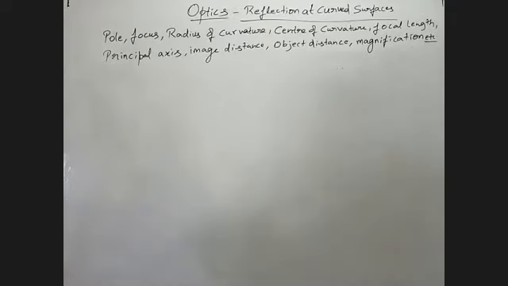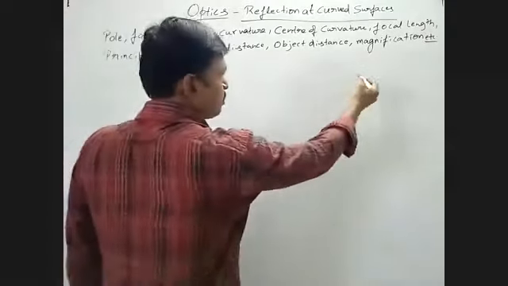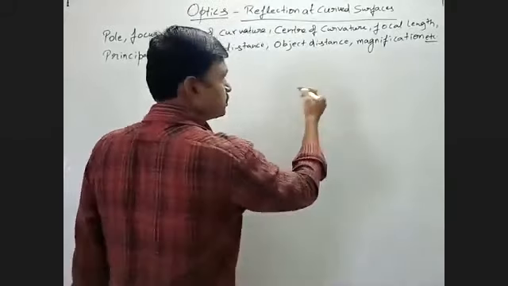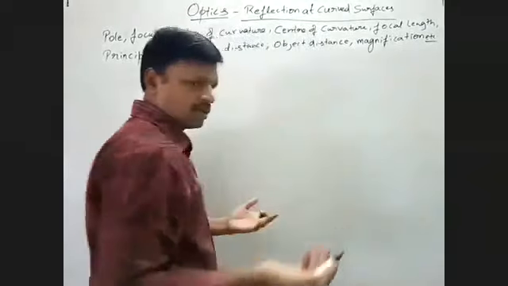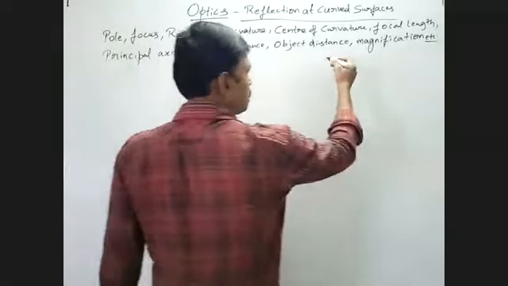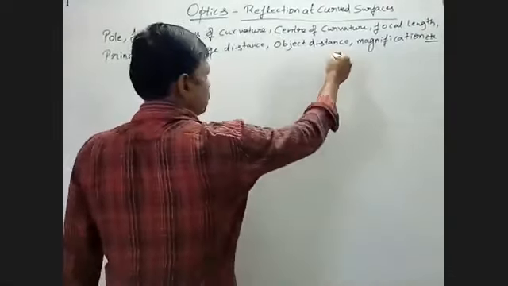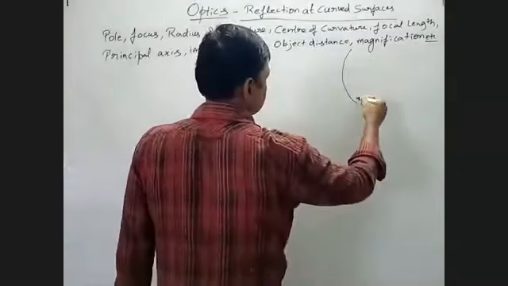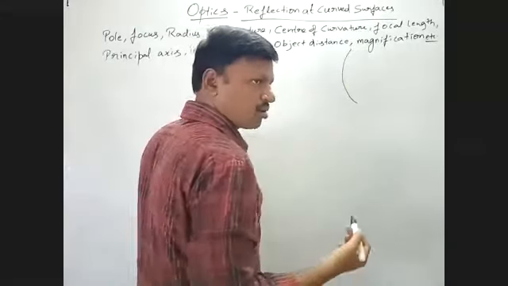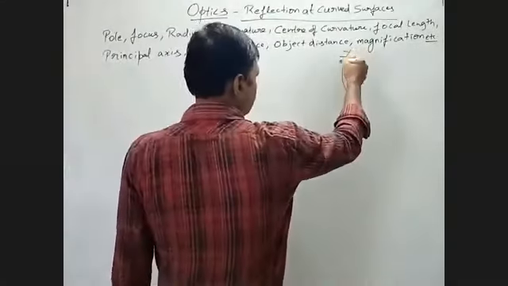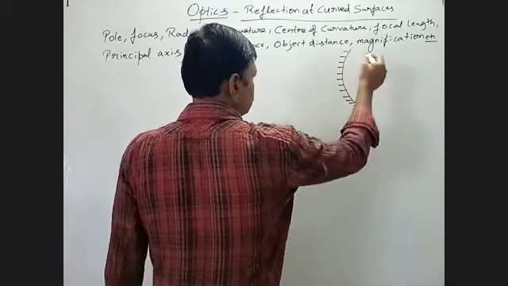Now, first of all, coming to what is pole. If we draw the diagram of a concave mirror, or a convex mirror also, as our topic is concave mirrors only, we will proceed with the concave.